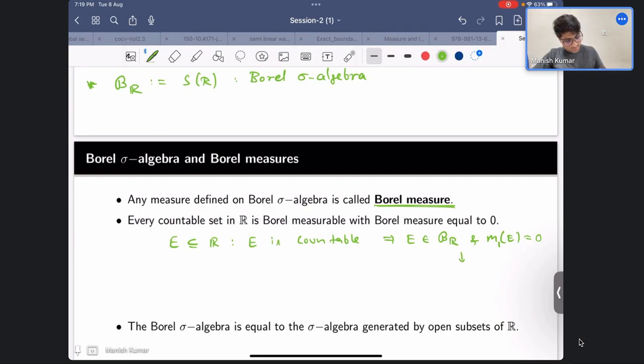Because we know this was S of R, then this was S bar, and this was R. So this is a Borel measurable set, this is Lebesgue measurable. In fact, you will see that B of R is strictly contained in L of R. I mean there are some sets which are Lebesgue measurable but not Borel measurable. Okay, so this you will see later on.